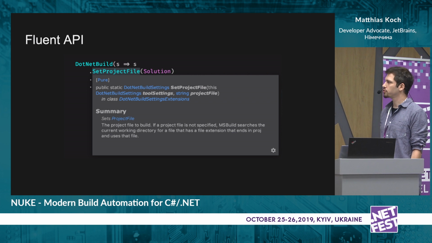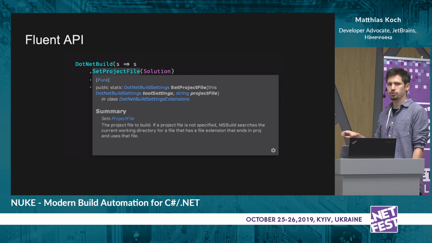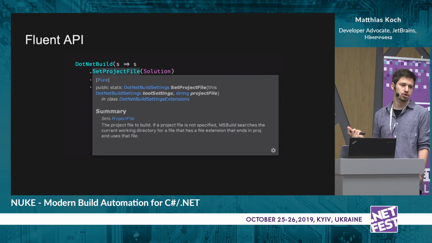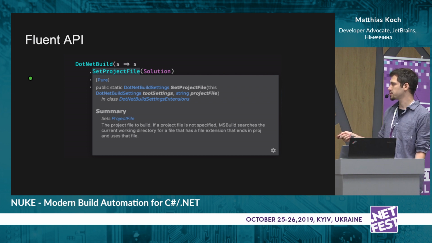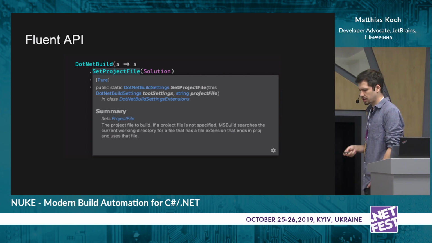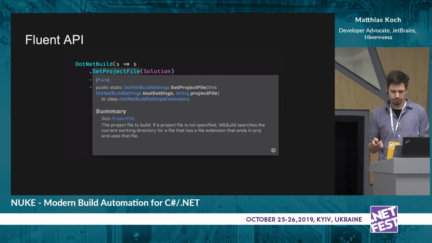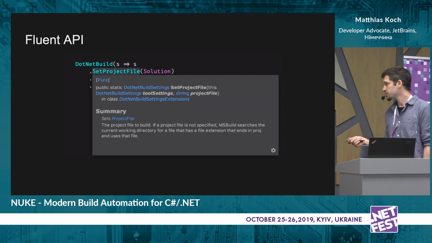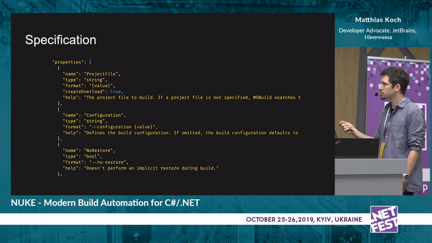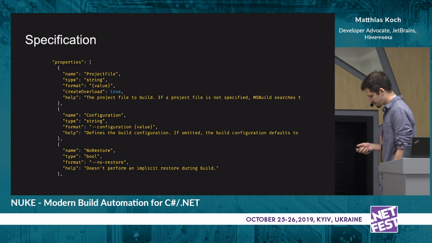If you move your cursor onto the method, you can check what the documentation says. And again, this is the very same right here, the summary. It's the very same as on the .NET documentation from Microsoft.